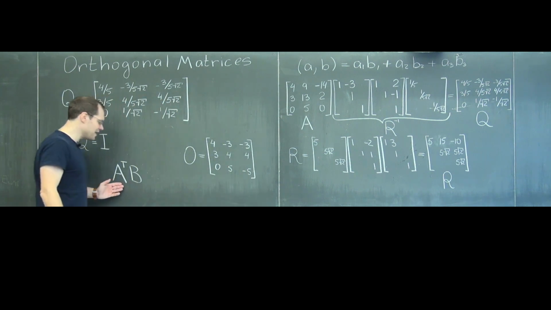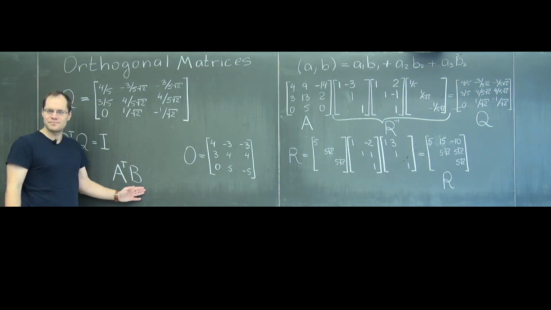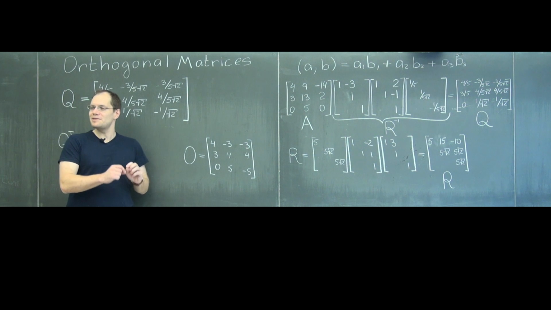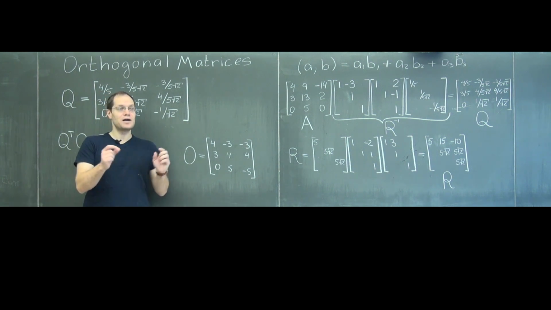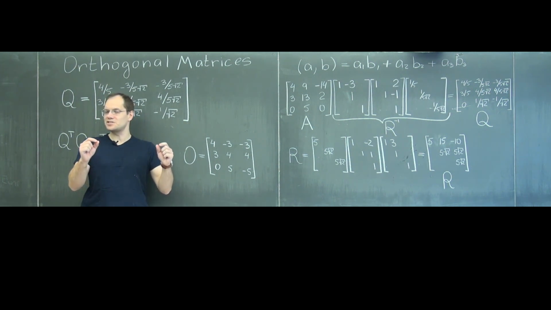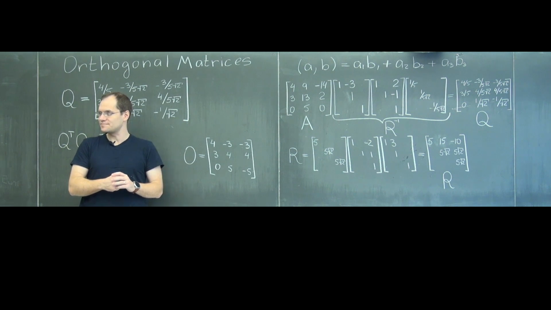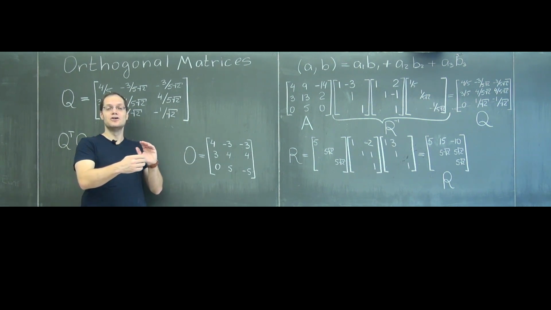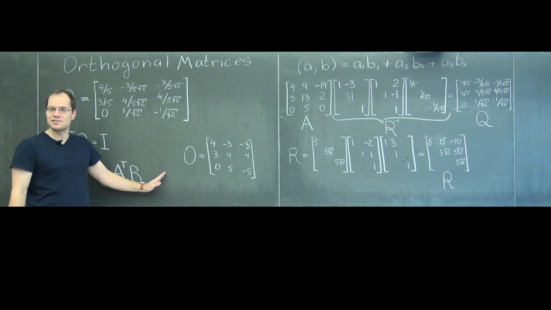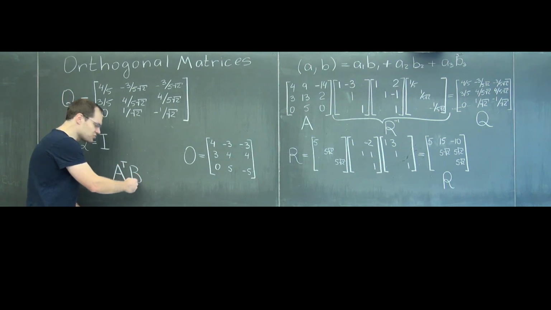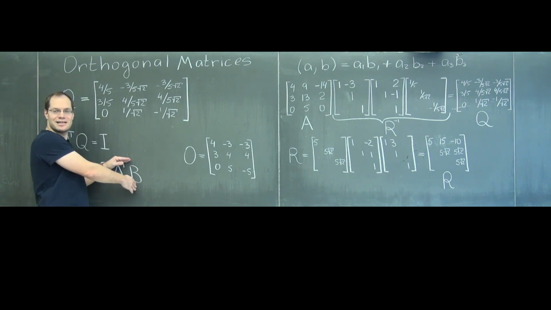Because when you're asked to evaluate A transpose B, if you think through the mechanics of matrix multiplication, one of those perspectives was called the dot product perspective. Am I right? Where you get the result one entry at a time, you would dot the right column of B with the corresponding row of the matrix on the left.